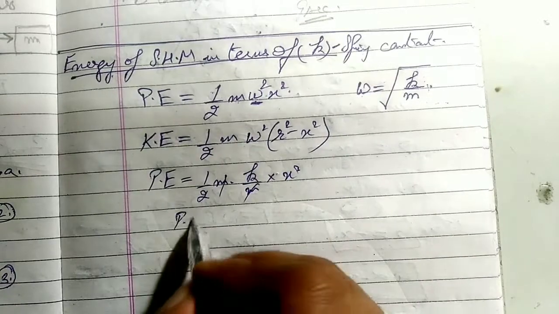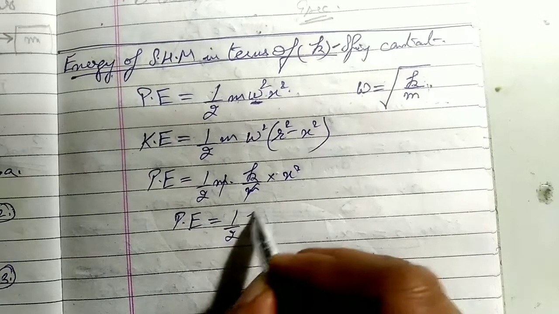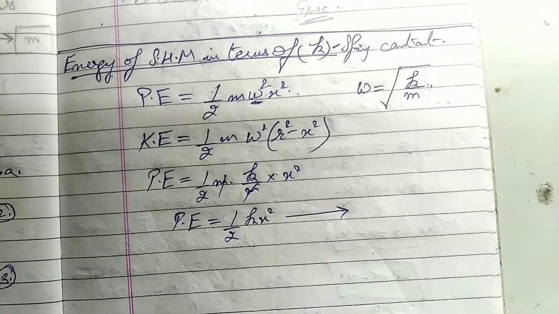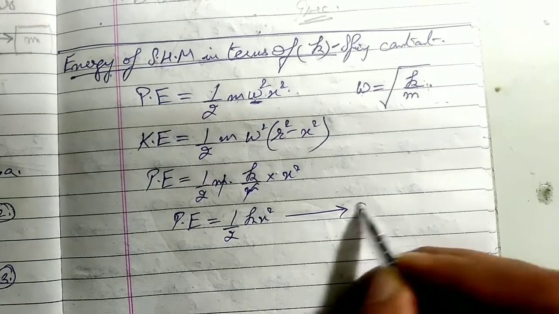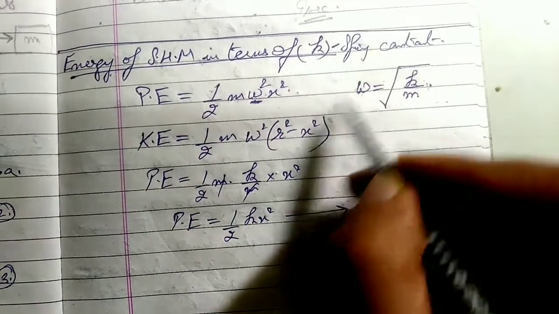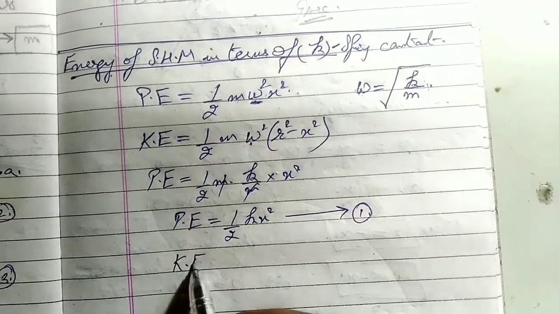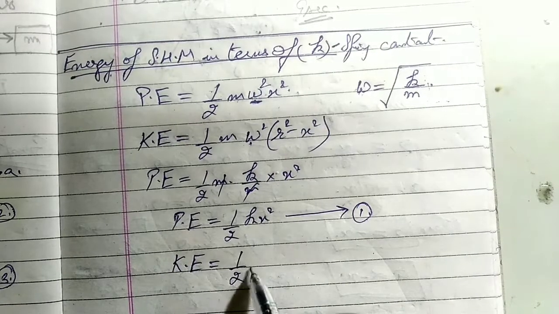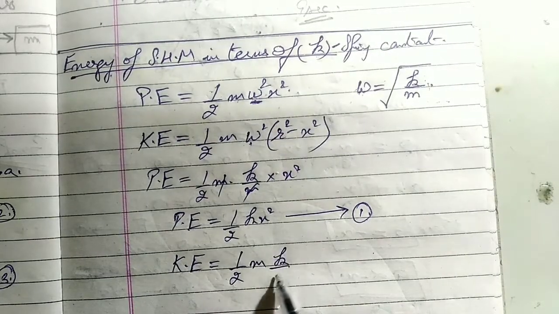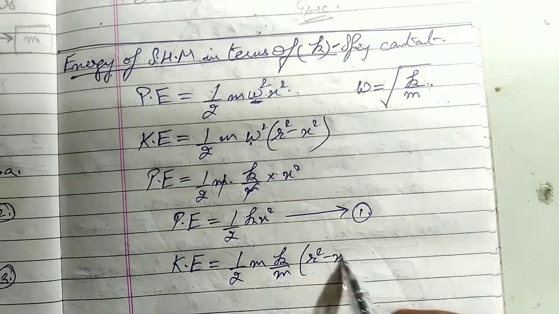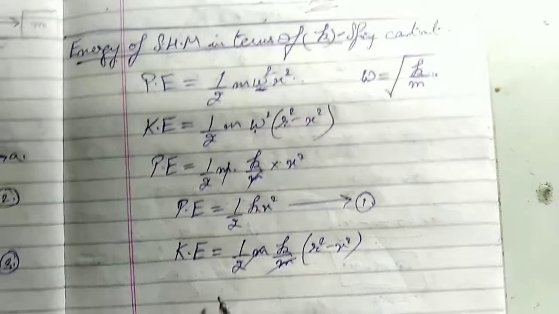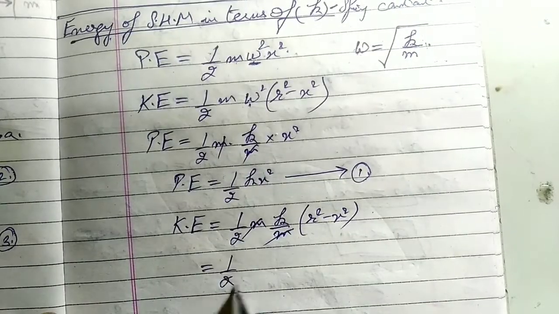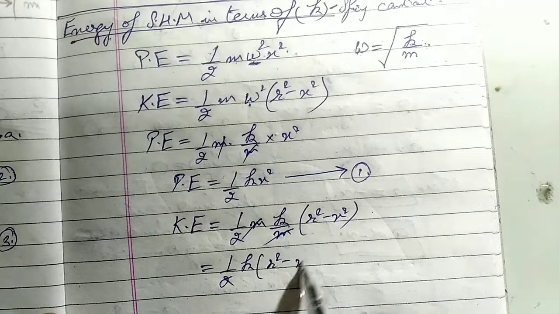So we are getting PE is equal to half kx square. First equation. Again we will put this value in kinetic energy. KE is equal to half m into K by m into (r square minus x square), that is equal to half k (r square minus x square).